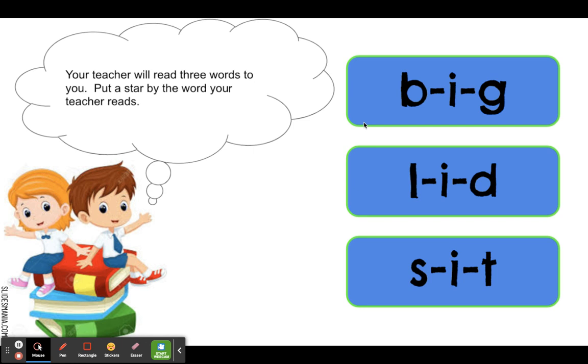This one says your teacher is going to read 3 words. Put a star by the word that your teacher reads. So of course they have to have editing rights. If your teacher reads the word sit, the kids will sit on the books, sit. Then they come and put the star by the word sit.